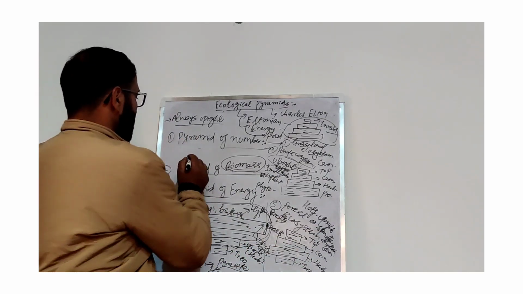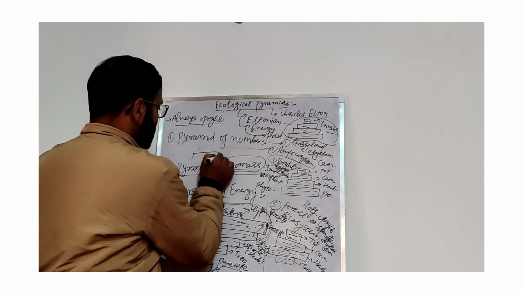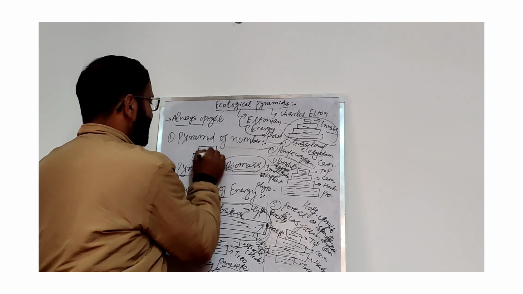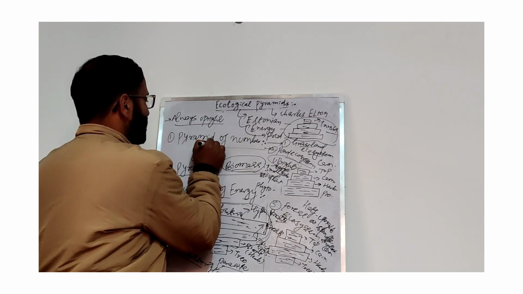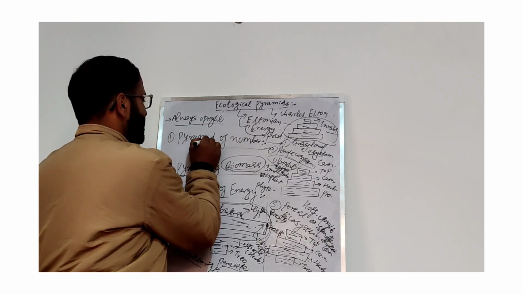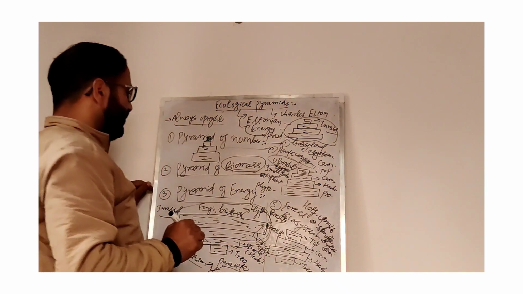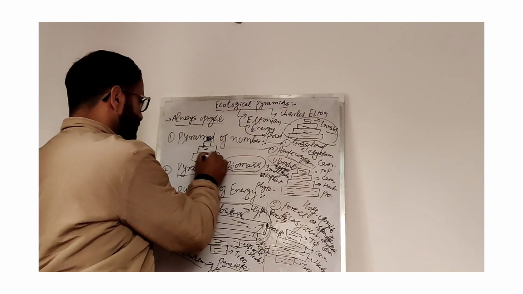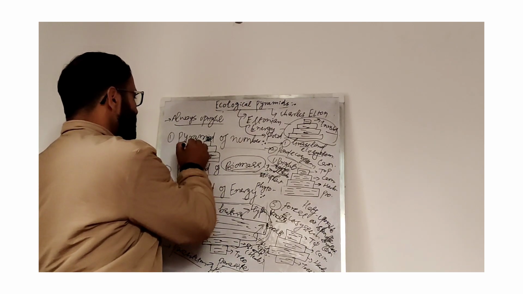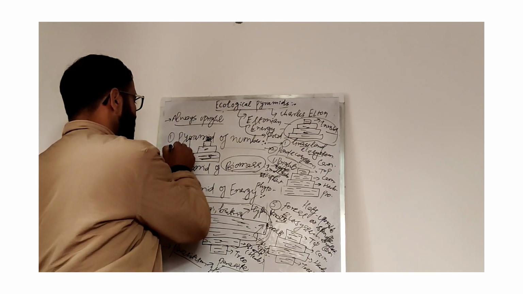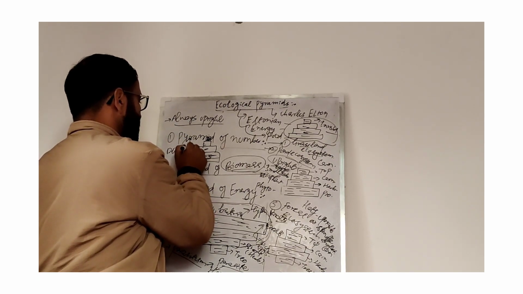For example, at the base the producers have maximum energy, at the herbivore level we have lesser energy, at the carnivore level still lesser, and at the top carnivore level the energy is the least out of all these. So energy keeps on decreasing as we move in a food chain.